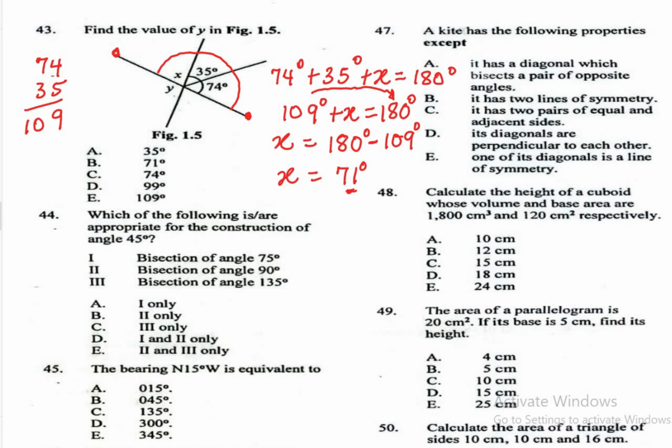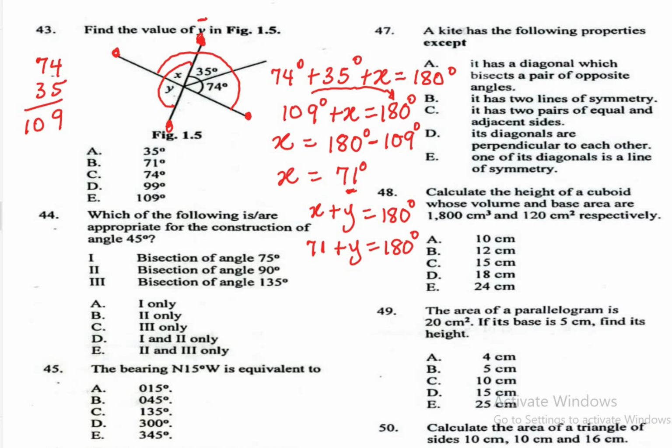Now this is the value of x, not the value of y. But the question says find the value of y. Now x and y make an angle on a straight line, which is 180 degrees. So x plus y is equal to 180 degrees. From what we've done, we know that x is 71 degrees. 71 degrees plus y is equal to 180 degrees.